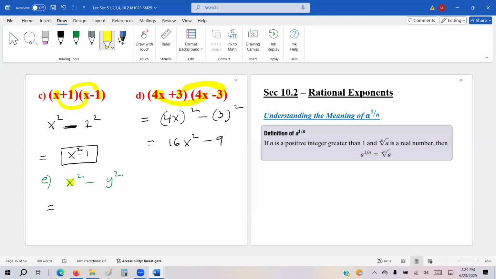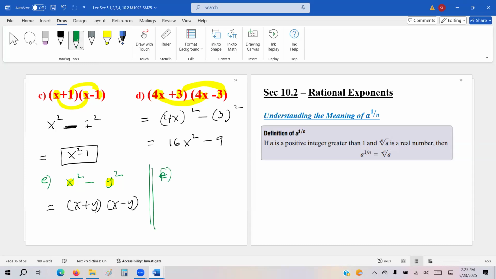You observe the base. There are two bases we have. So all you need to do is add the bases, subtract the bases. So we have x plus y, x minus y. One more. We're going to do more in chapter 6.